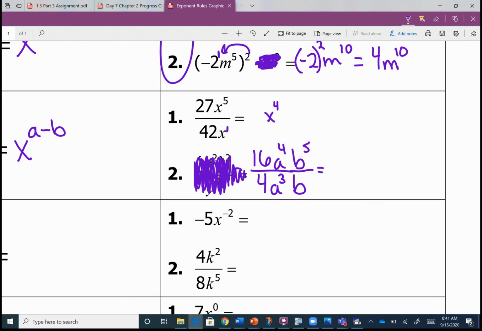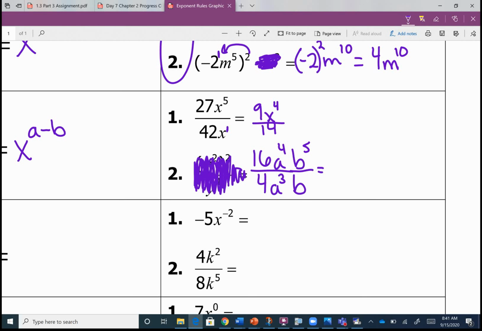We pressed 27, we did the ABC key, we did 42, and we pressed enter, and it gave us the fraction 9/14. So the 27 over 42, we put that in the calculator, and it told us it's 9/14.